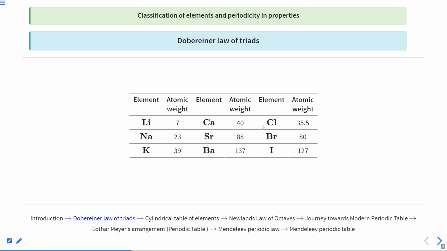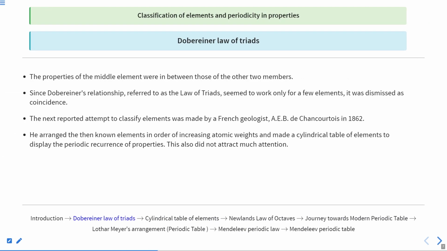And this is the third triad: chlorine, bromine, and iodine. Is this clear? This is known as Dobereiner's law of triads. Now, the properties of the middle element lie in between those of the two other elements, and all these three elements have similar properties.